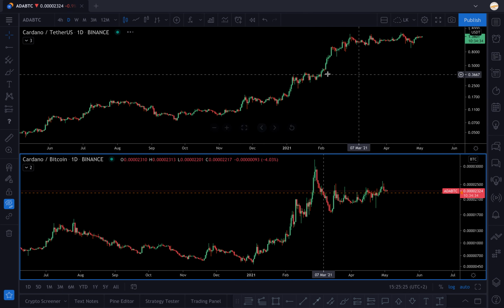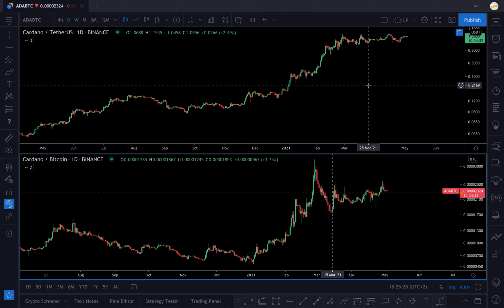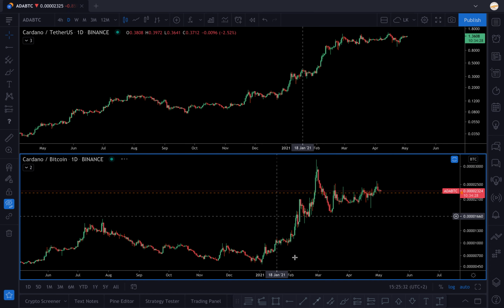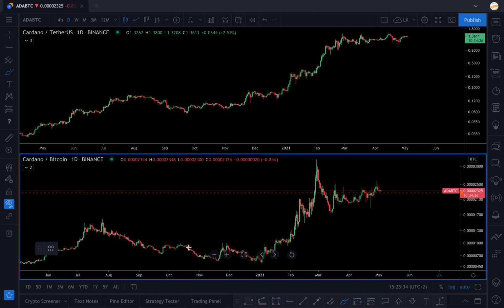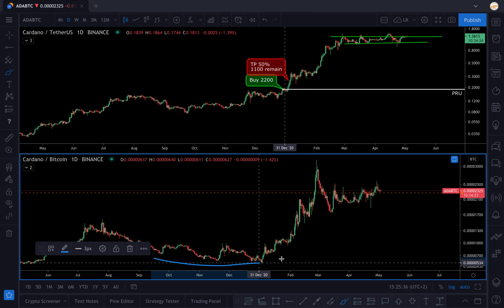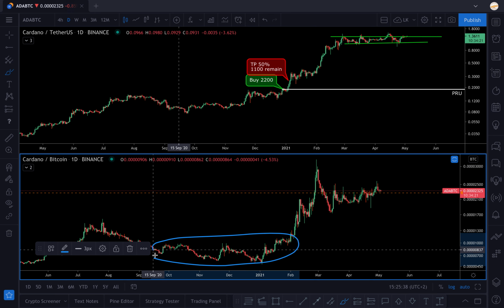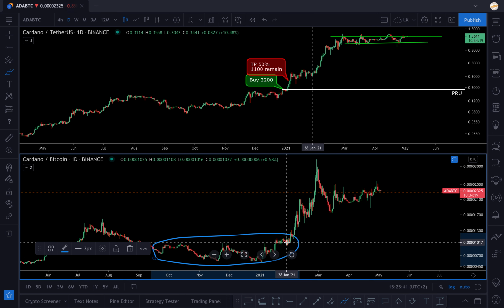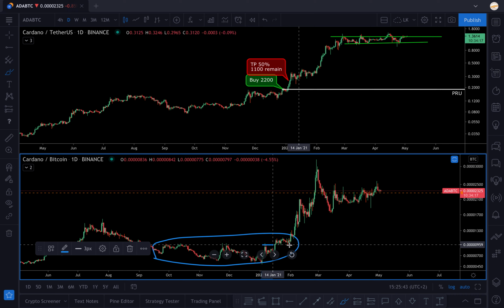So you can see that the graph above is ADA USDT and the graph below is ADA BTC. For this time here, ADA was outperformed by Bitcoin, and it started outperforming Bitcoin right at this moment.